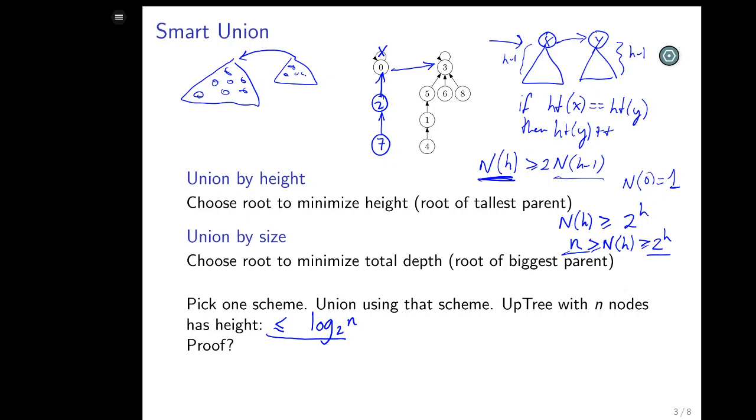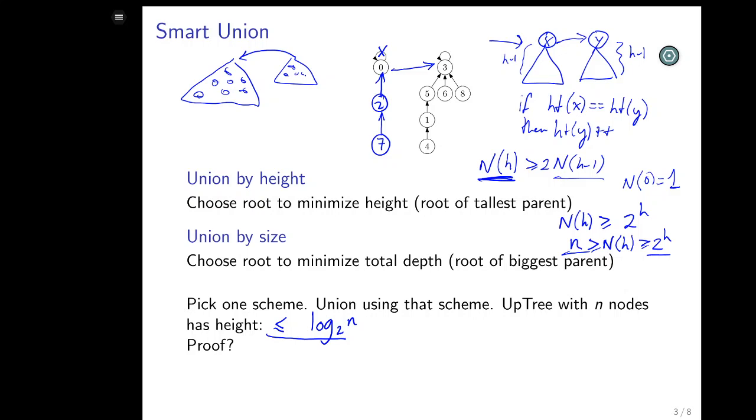Also, this tree isn't necessarily like a binary tree or something like that. So how do we know that the fewest number of nodes is at least 2 to the h? When is it the case that you can create a tree that has height higher than the current height of the tree? When can you do that? When does that happen? When you union.